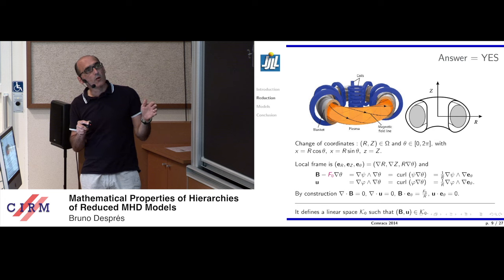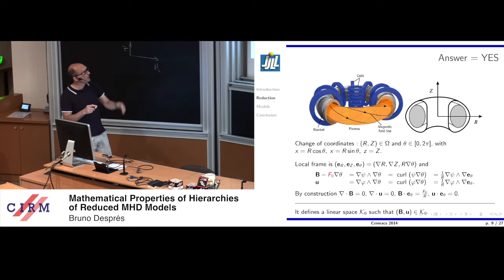Also, the scalar product of B against theta is the given term, and U is poloidal. But the interesting information, I think, is the fact that B and U are once again in a linear space. So it means that the complex geometrical structure of the tokamaks, at the level of functions, is still linear.